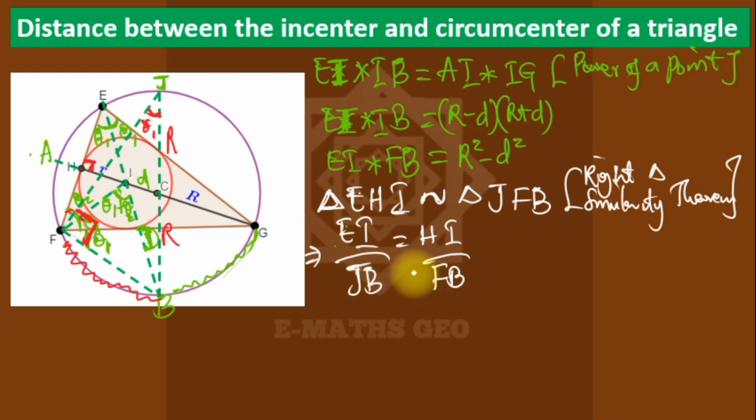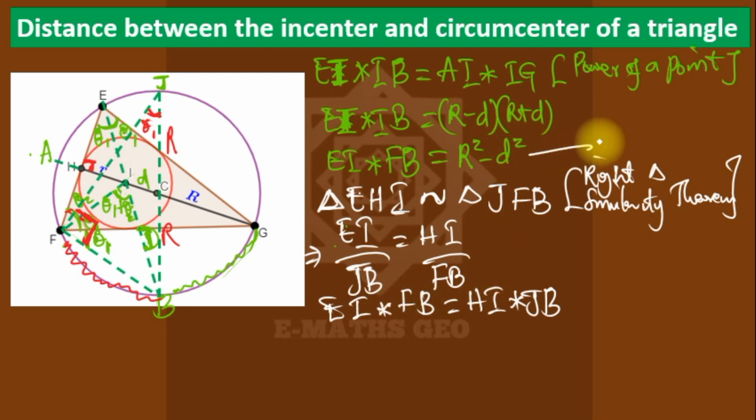We'll cross multiply. So EI times FB is HI times JB. This is equation 1, this is equation 2. So we see that EI times FB, we can replace this with that.